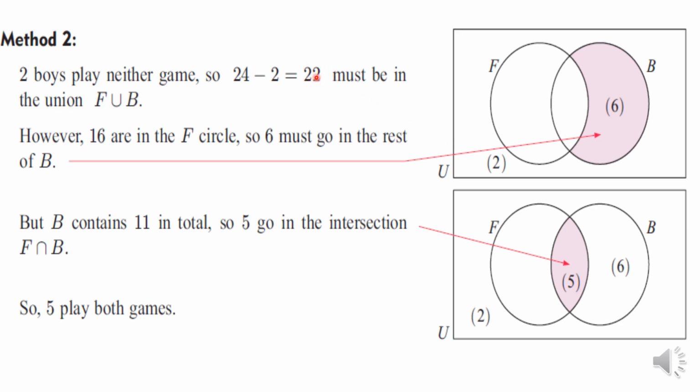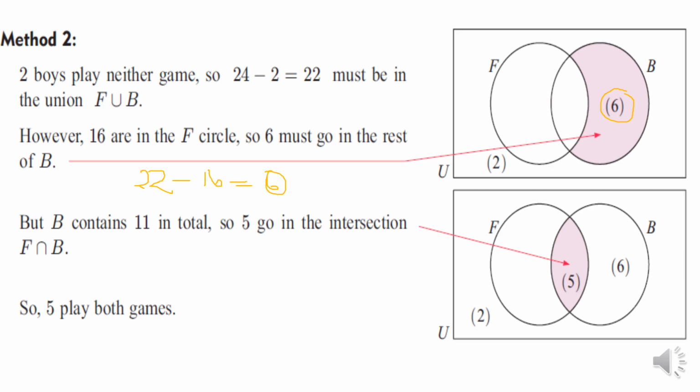In the second method, they obviously take away the 2 that is on the outside, therefore you only have 22. So the union of F and B must consist of 22 elements if you take away the 2 that neither one is doing. So if you take 22 and you subtract 16, that's going to give you the 6 that you will have here.